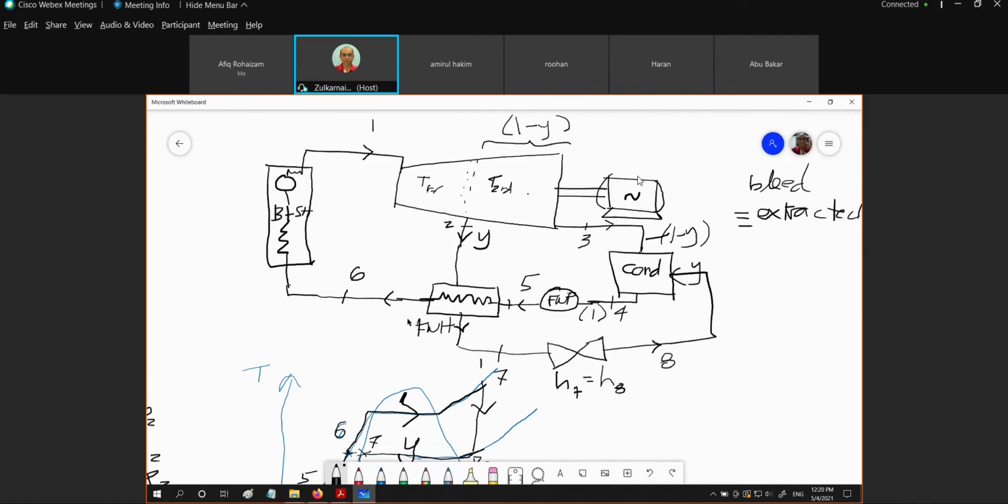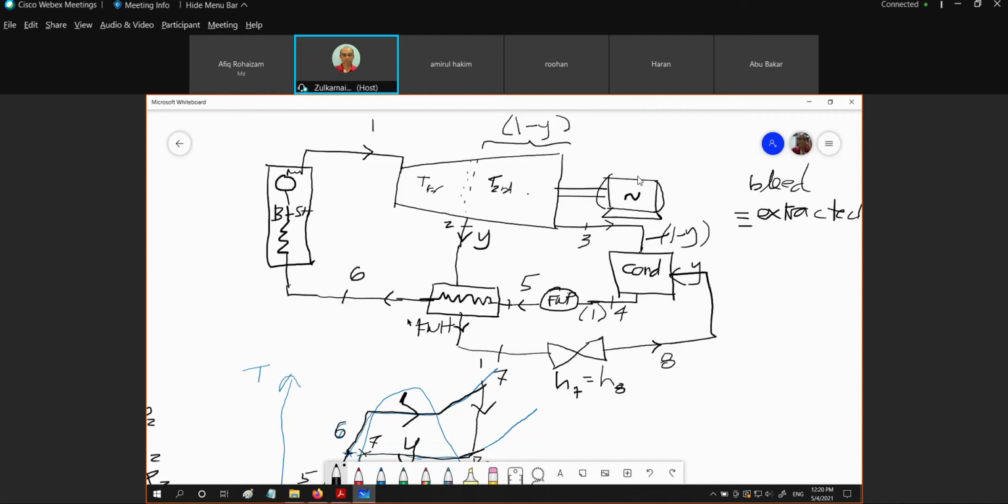So we need to calculate the energy balance at the condenser side, which is H3 multiplied by 1 minus Y plus H8 multiplied by Y equal to H4. Okay? If the question asks for the energy balance of the condenser.